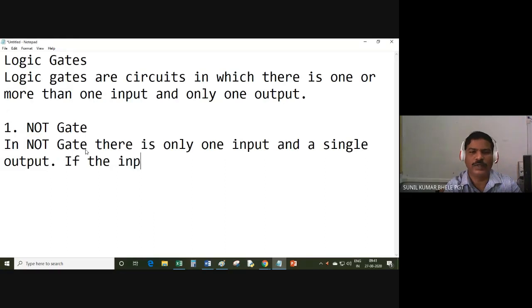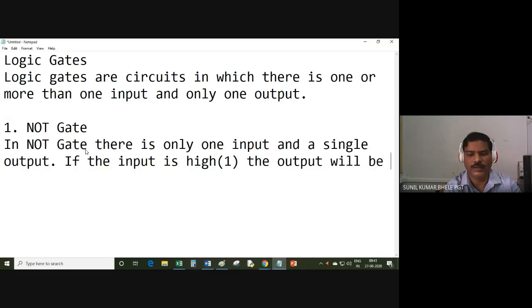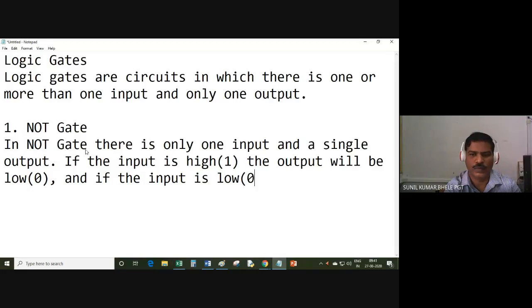If the input is high, the output will be low, and if the input is low, the output will be high.